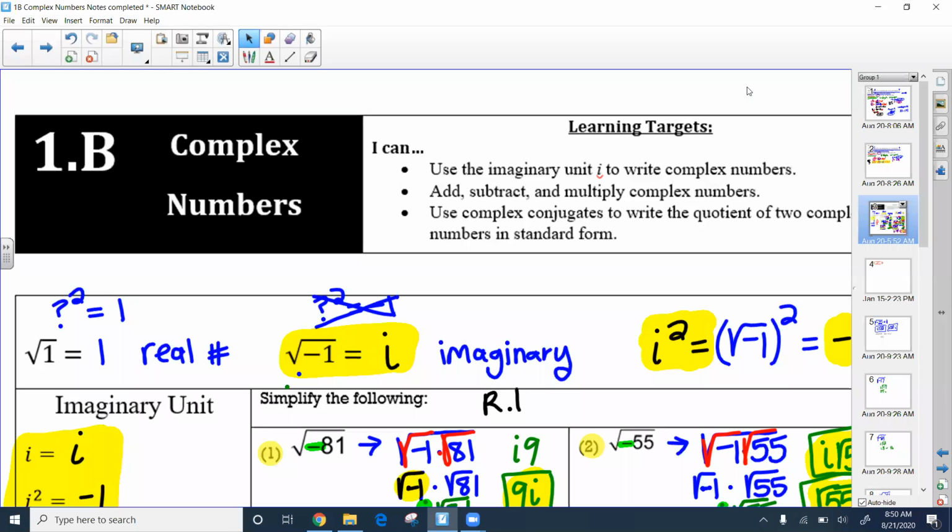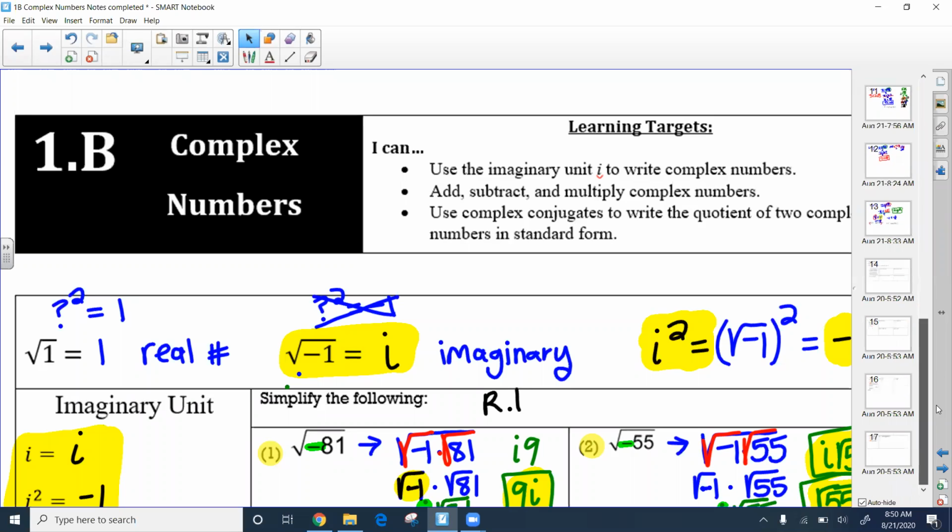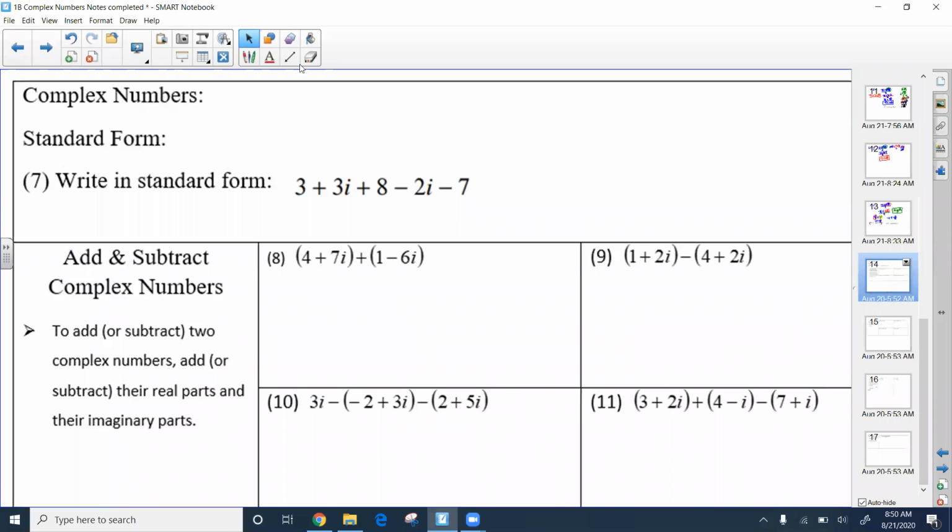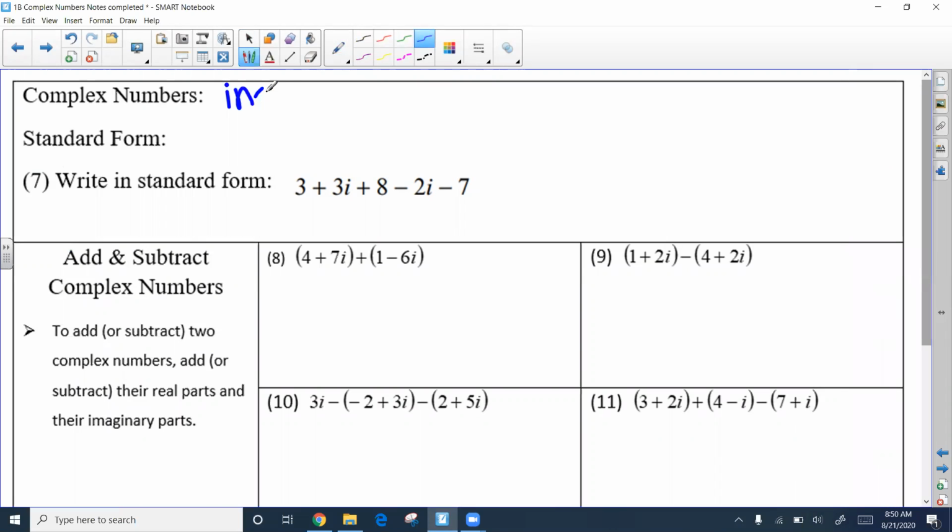All right, so let's continue with 1B. We are going to talk about what a complex number is. Obviously, this section is called complex numbers. So complex numbers include both real and imaginary numbers.